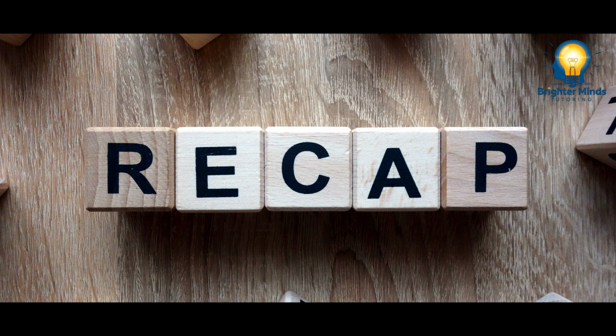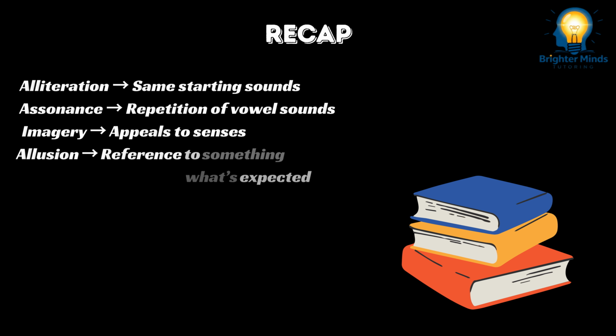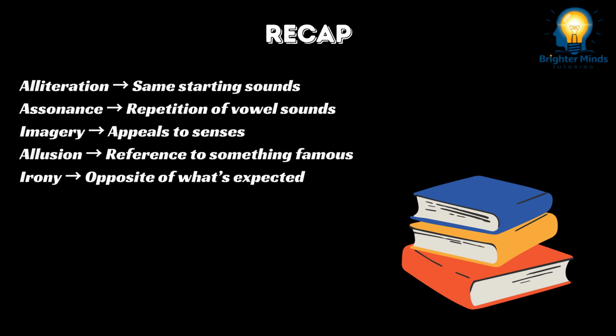Now, let's recap what we learned in this video. Simile is comparison with like and as. Metaphor is direct comparison. Personification is human traits for non-human things. Hyperbole is exaggeration. Onomatopoeia is sound words. Alliteration is same starting sound.